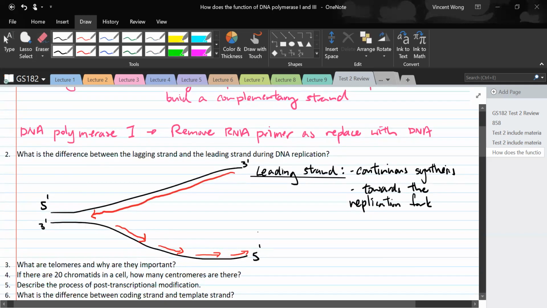Whereas over here on the other strand, we have the lagging strand, which is going to be synthesized in fragments.